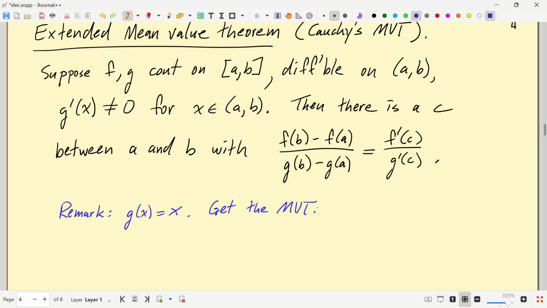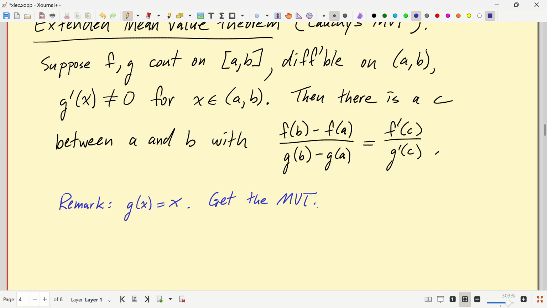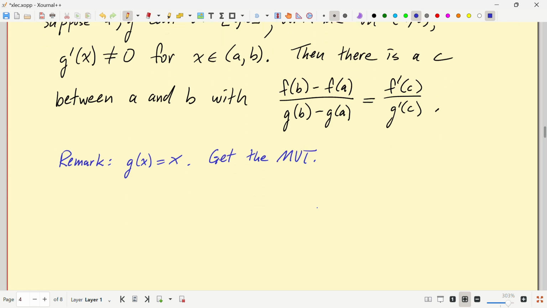But if we knew a little bit more, for example, if we knew that f prime was continuous, then here's a second baby version.